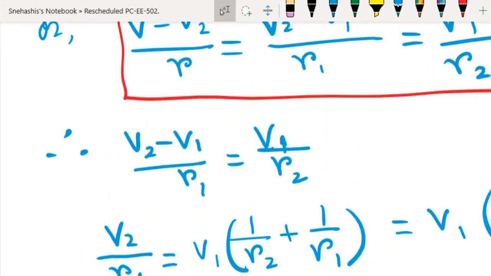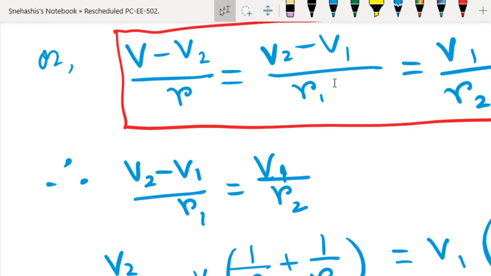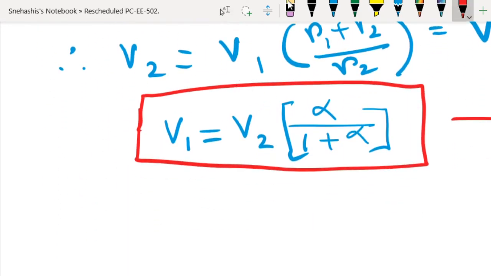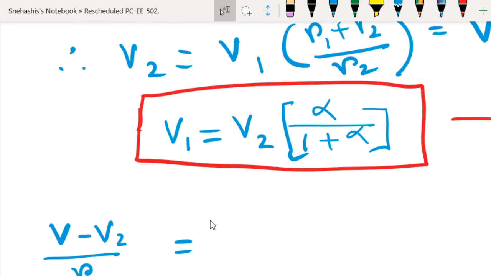Again, from this relation, if we take the first and second terms, then we can easily have V minus V2 divided by R equal to V2 minus V1 divided by R1. Now what do we want?